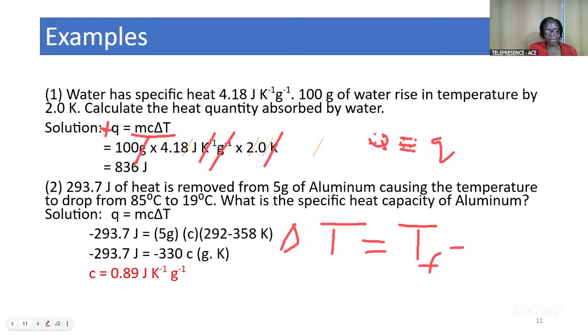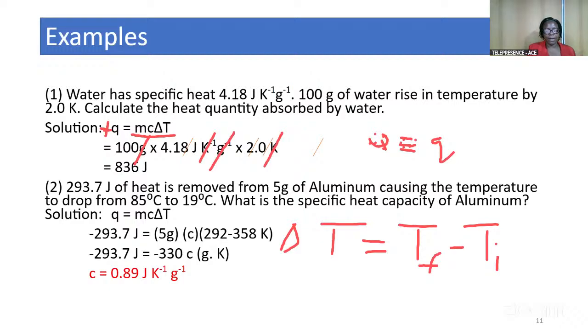We're told that it dropped from 85 to 19.